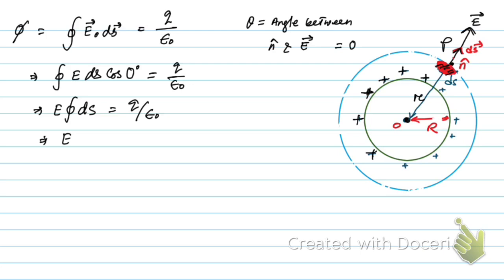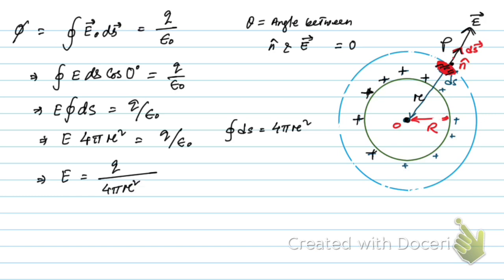So the area of this sphere, we know, is 4 pi r square, right? So here we can write the surface integration of ds equal to 4 pi r square. So that's what we're going to have. Now from here we get the expression for electric field as q by 4 pi r square epsilon naught, right? So now this is in scalar form.